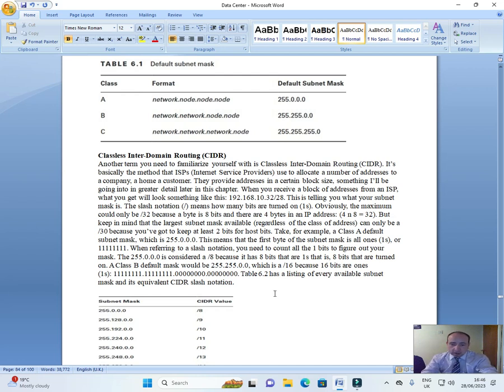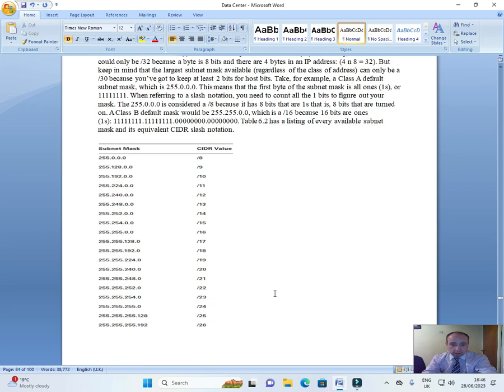Table 6.2 has a listing of every available subnet mask and its equivalent CIDR slash notation.